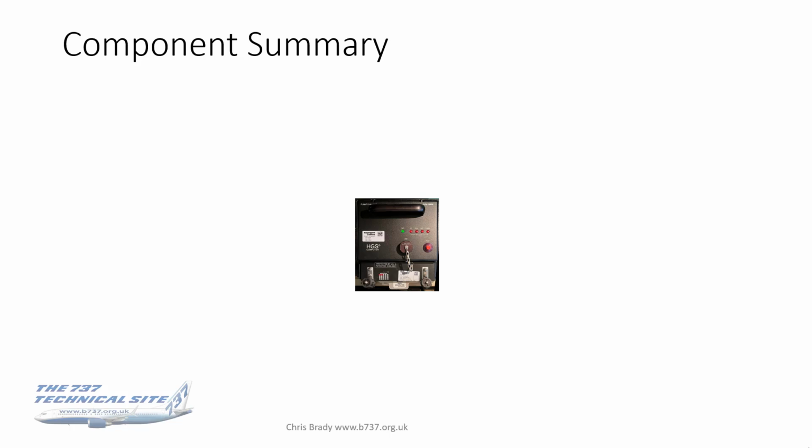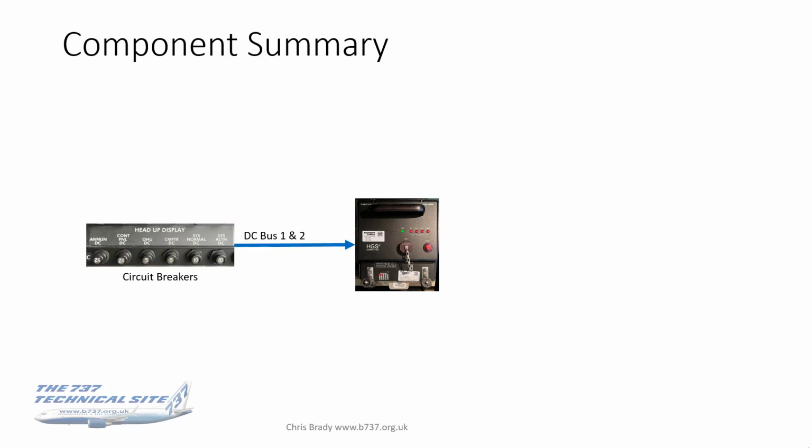Okay, onto the obligatory schematic. So, summary of the components. It all starts with the HGS computer buried away in the E&E bay. That's it there. This is powered by DC bus 1 and 2 for redundancy.